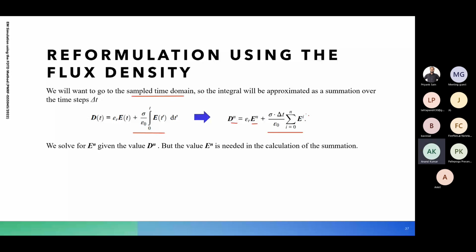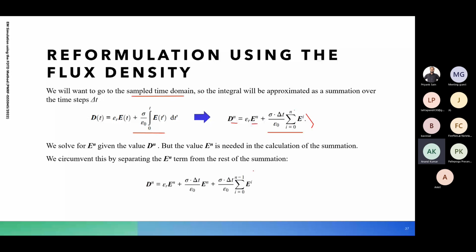Now to get rid of this particular summation, we separate this term, so we take out the nth value and we get this expression over here. I scribbled it over here. So we have separated the nth instant, and all the previous instants are given by this expression.